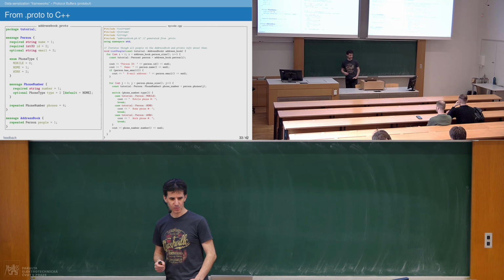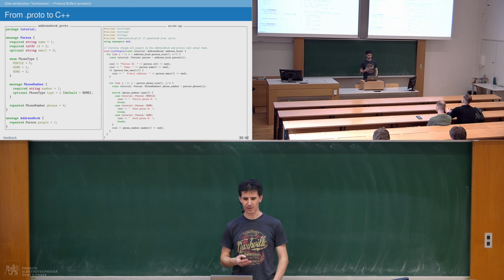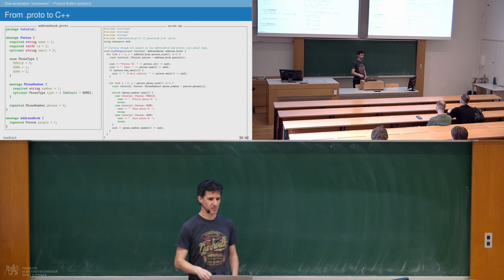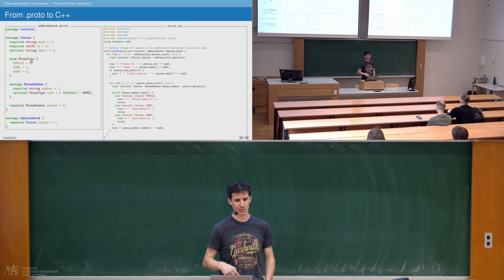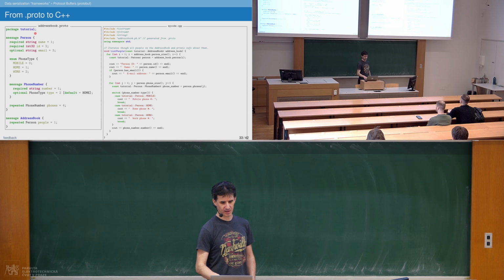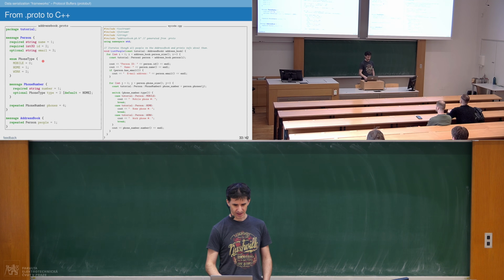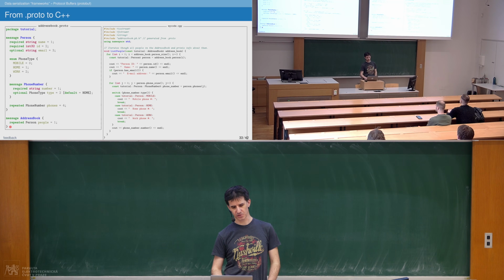Now, if you want to use protocol buffers in your code, how you can do this. Similarly to Corba, you define your data structures that you want to use protocol buffers with in a file which is called something.proto. So for example, you define a person which has a name, an ID, an email, and then you can define an address book, which is a repeated number of persons.